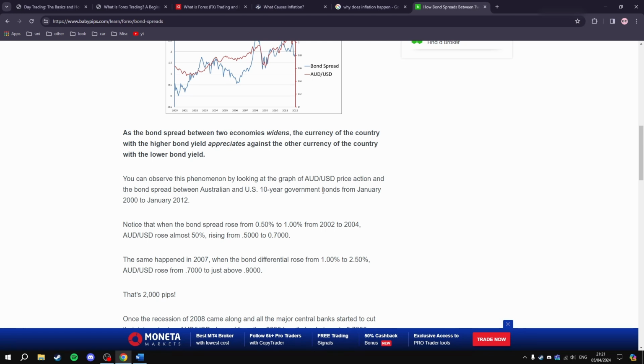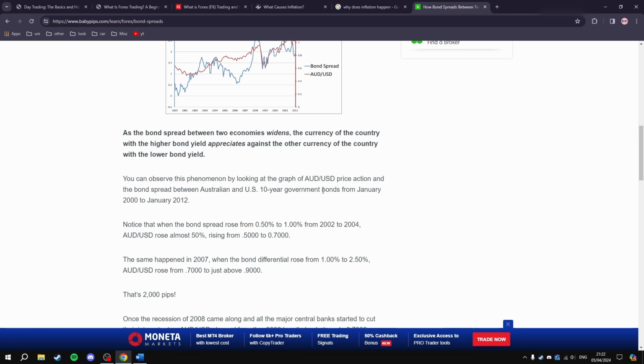That's 2,000 pips. So as the bond spread between the two economies widens, the currency of the country with the higher bond yield appreciates against the other country with the lower bond yield. So it's AUD/USD, isn't it? So you're buying Australian dollars with US dollars.